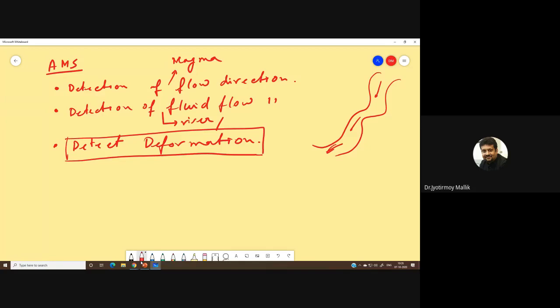The elongated mineral grain will align itself along the direction of flow, and so would the susceptibility ellipsoid. So if you can detect the direction of the susceptibility ellipsoid for a number of samples, you can use it as a proxy for shape anisotropy, and so for the direction of flow. Is that clear, everyone?